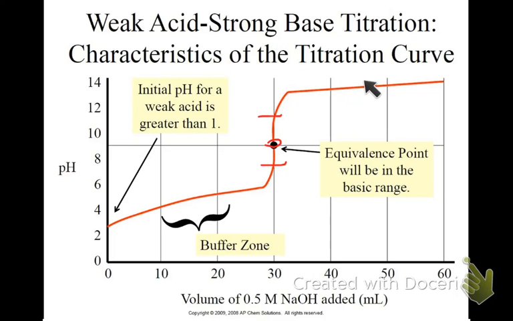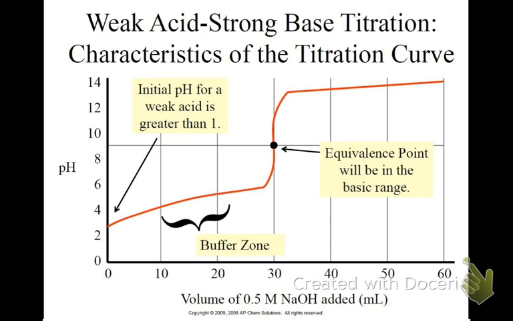And then up here, it goes back to that kind of almost flat line, just like in the strong acid, strong base, because there's no longer that buffer system being created, and so it just gradually increases. So with a weak acid, strong base, we have a buffer down here, and then a normal line up there. Our pH at the equivalence point is above 7. Alright, so that was a weak acid, strong base titration.